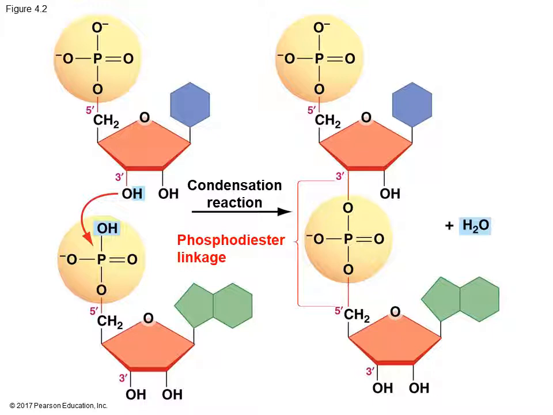Another name for condensation reaction is dehydration synthesis. And remember, water is removed to form the bond, and the bond for nucleic acids is the phosphodiester linkage. So you see on the right-hand side that water is removed.